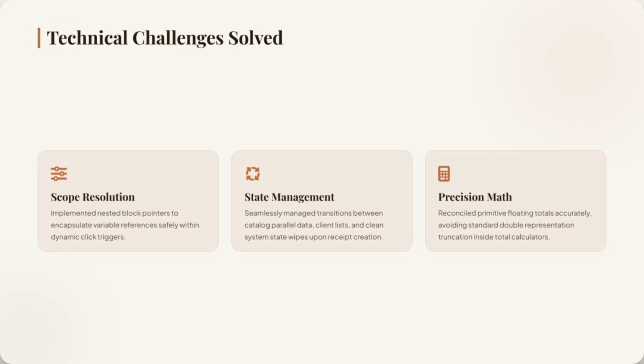The next one is state management. It seamlessly manages the transitions between catalog parallel data, client list, and a clean system state upon receipt creation. And the last one is precision math. It reconciles primitive floating totals accurately, avoiding standard double representation errors inside total calculators.